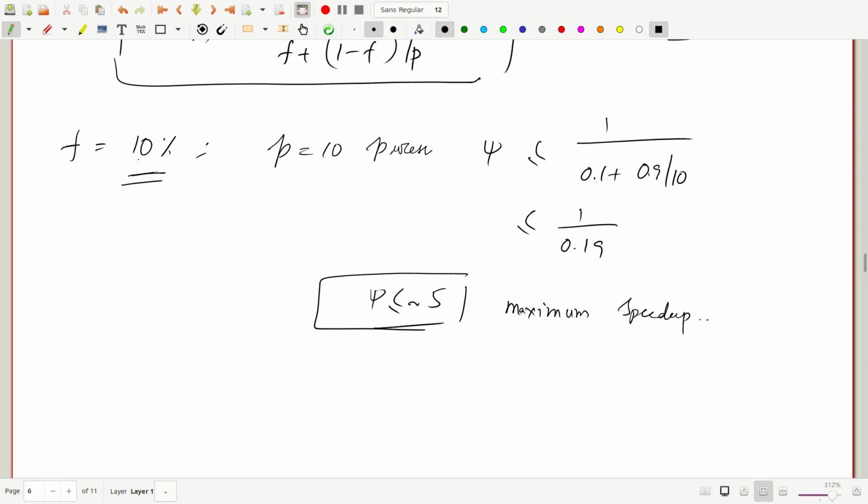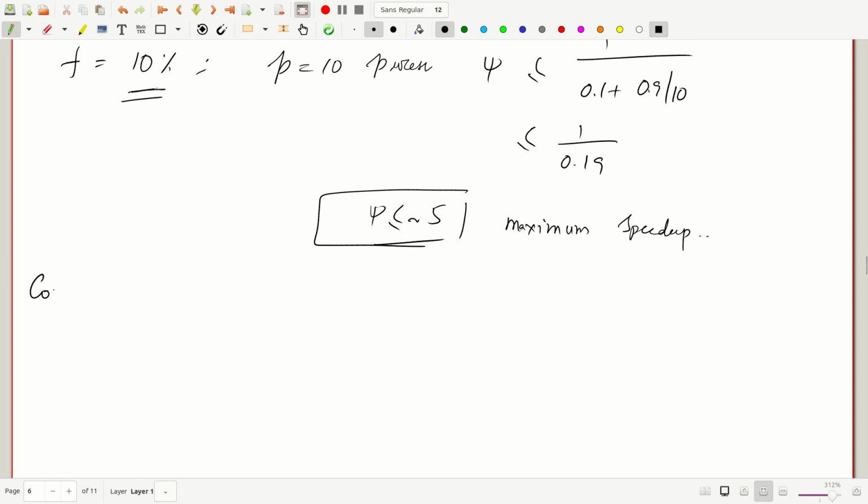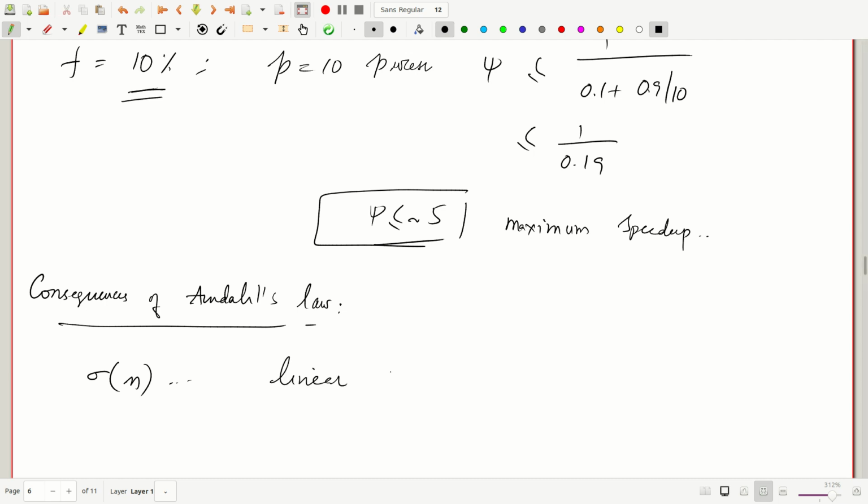Now let us look at a few more consequences of Amdahl's law. In general, the sequential part of the computation is usually linear with respect to the problem size, because, for example, the sequential part usually will be the reading and writing IO part.